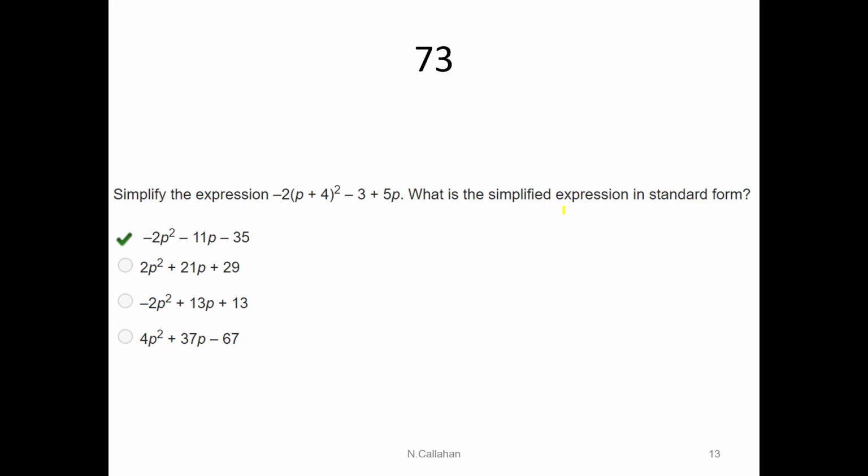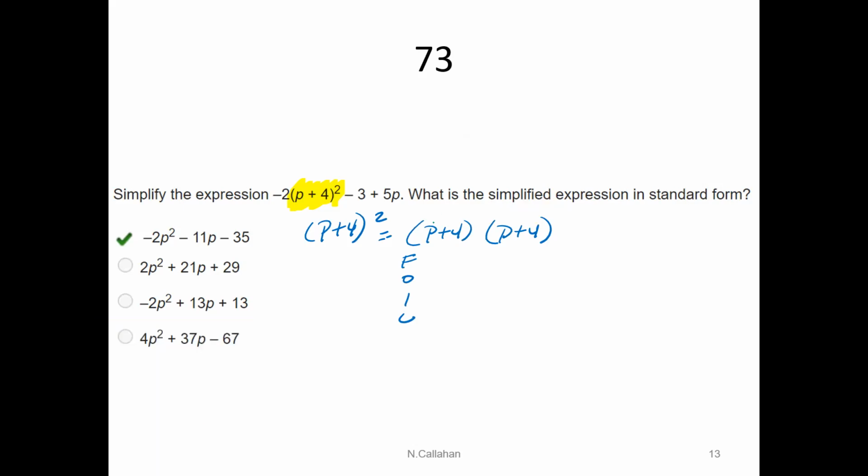What is a simplified expression of this? Okay, so the first thing to do is you're going to take a look inside this parenthesis, okay? So inside here, we have p plus 4 squared. That's the same thing as saying p plus 4 times p plus 4. This is the one where we have to do FOIL, okay?